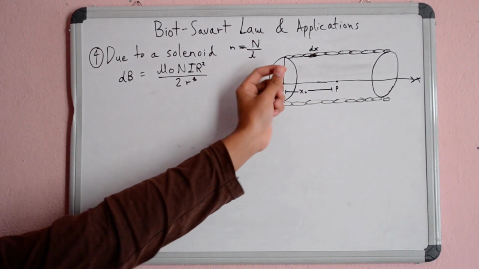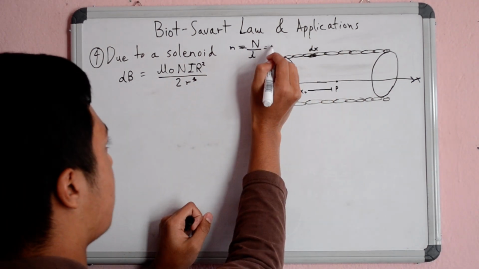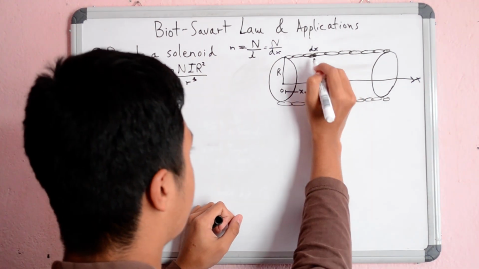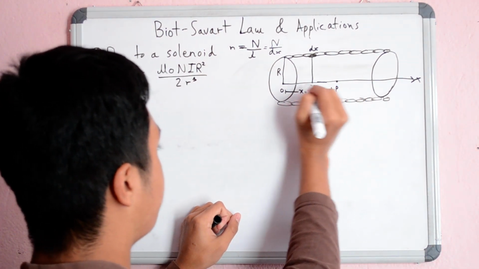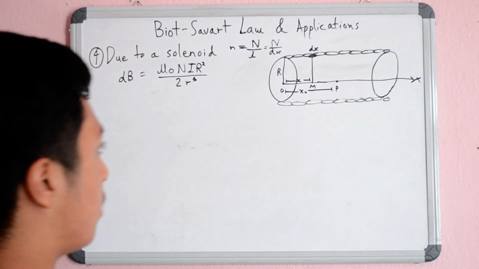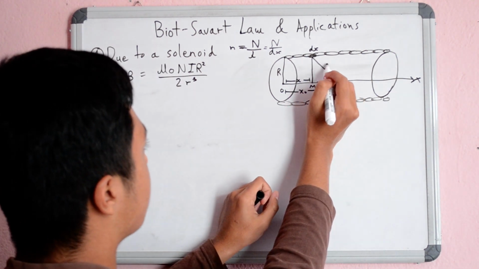So here the number of turns per unit length will be n by dx. From here we will draw a line vertically down, let's say at a point M, which will be at distance x. Then we join this dx to P, making radius R.